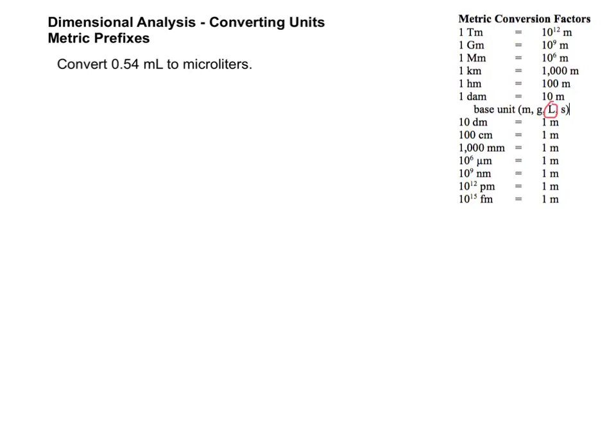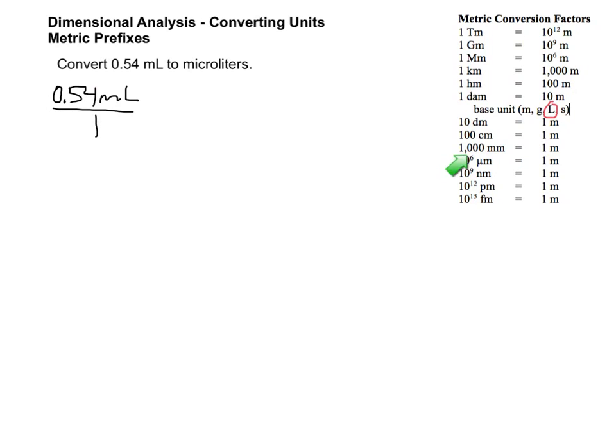So how do we get started? First, you'll want to write the given and include it over 1. 0.54 milliliters over 1. Next, you'll need to identify a conversion factor that's going to get you out of the unit or prefix of milli and into the base unit of liters.